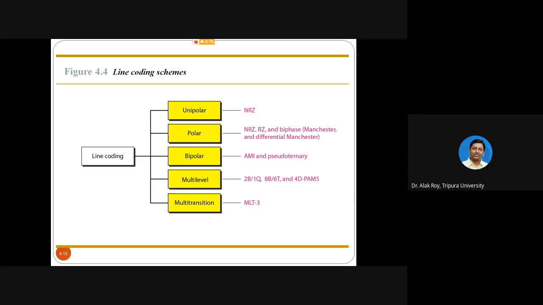In polar it is non-return to 0 L, non-return to 0 I, return to 0, biphase. In biphase there is Manchester and differential Manchester. In bipolar it is AMI and pseudo ternary. So we will take care of these few, NRZ and biphase. This will be covered in this slide, so we will take care of unipolar, polar and bipolar.